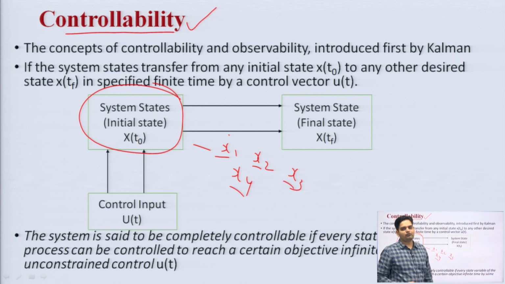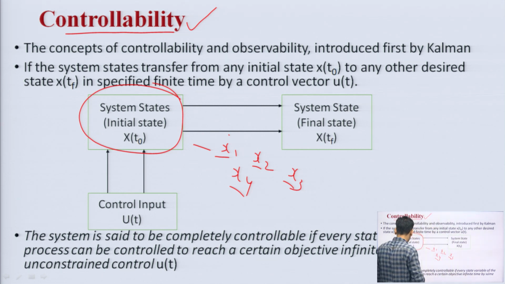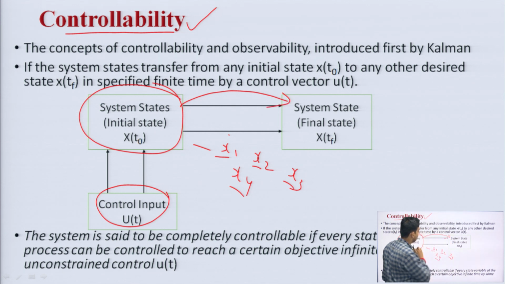Higher the value of controllability, more stable would be my system. If the controllability value is less, then more instability will come into the system. To check it, we need to apply a controlled input to my state space model and see whether I am getting the final state that I desired.